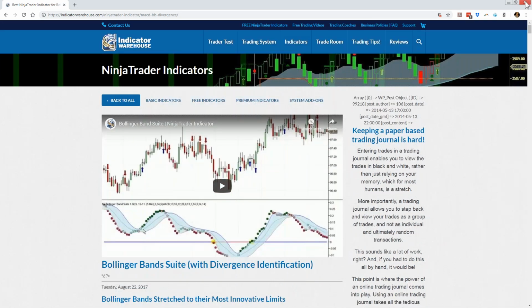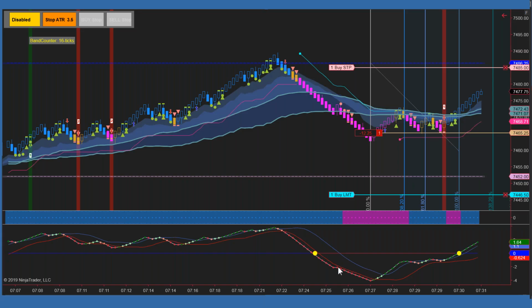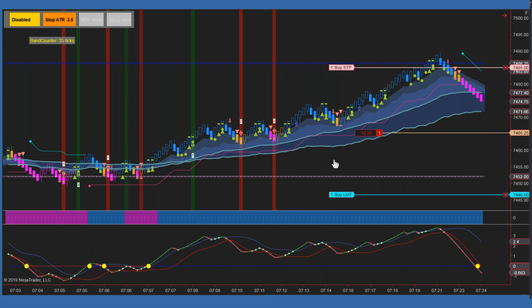What it does is it analyzes market sentiment via the Bollingers. So the yellow dot simply shows when I've got my MACD on here, when it crosses the 0 line. But you'll also notice that it's a great confirmation tool for signals.